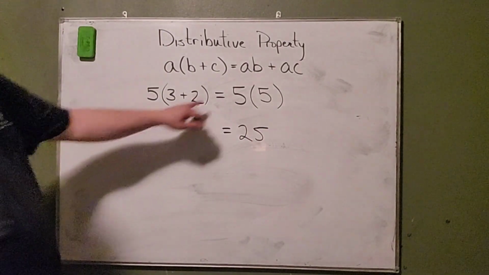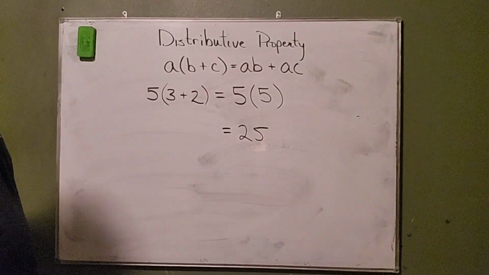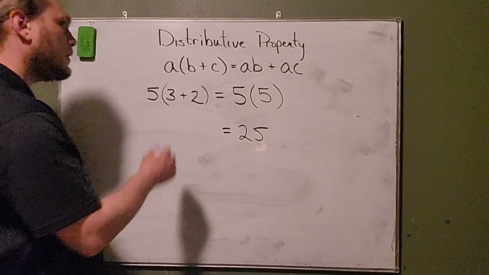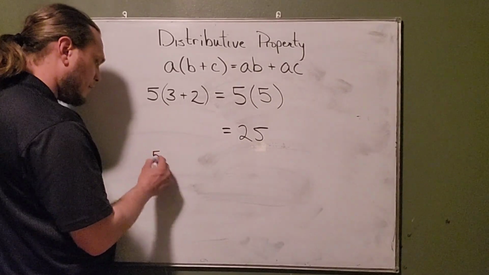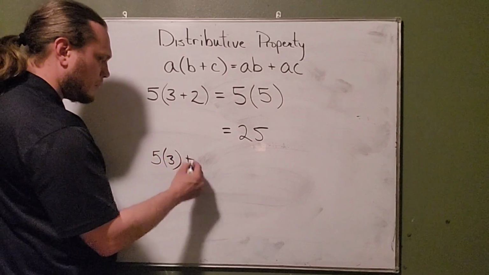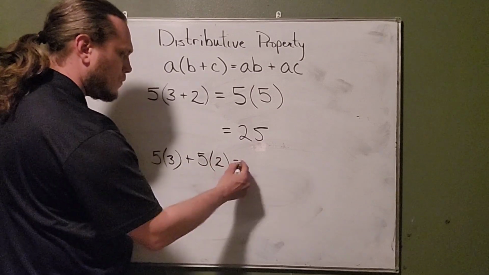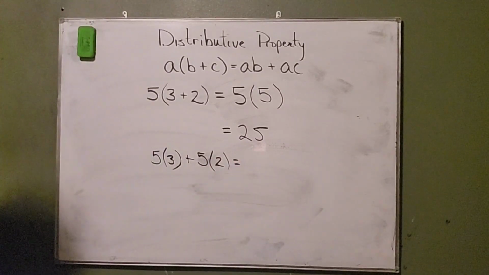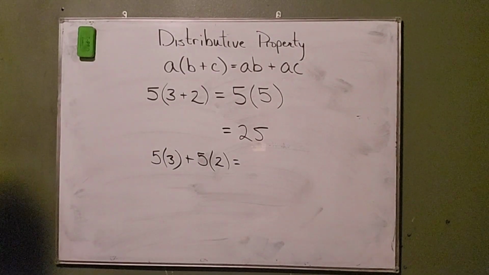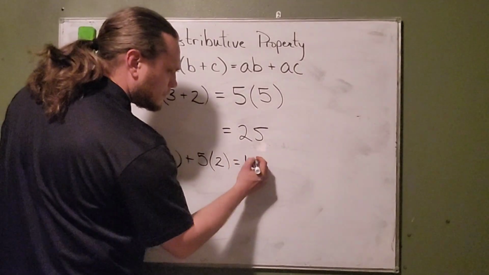Now, using the same numbers, we're going to use this side of the equation. And if equality is meant to hold, we should get the same result. So I'm going to write 5 times 3 plus 5 times 2. Do you see how those two are the same? Five times 3 is 15.